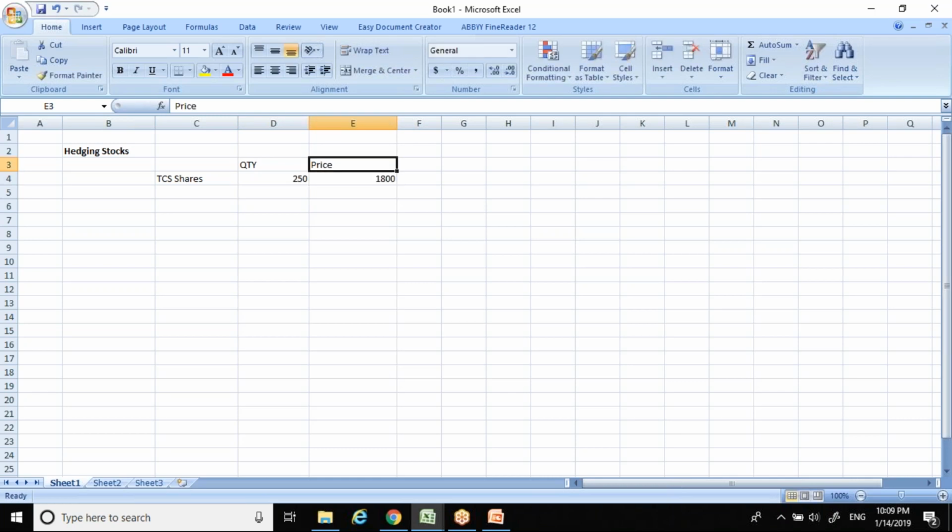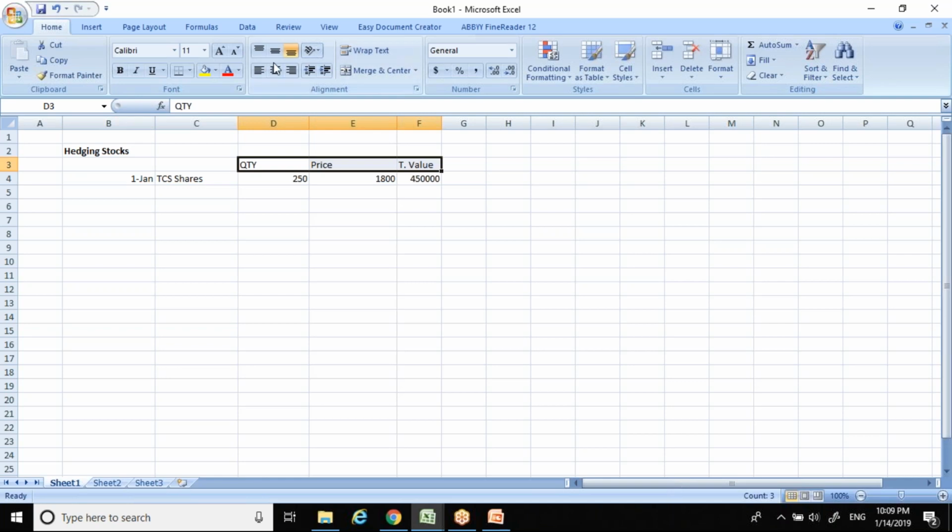So the total value comes to around this into this. So this is on 1st of January, let's suppose. So this is what position I have.